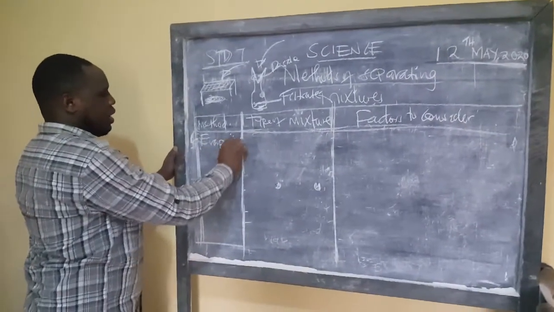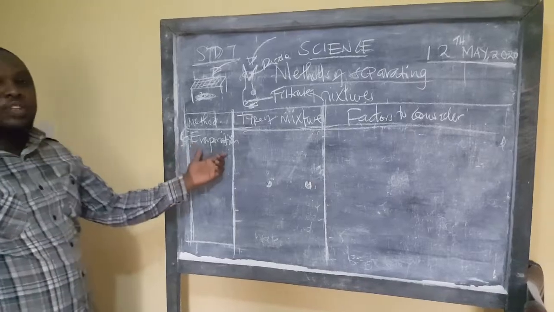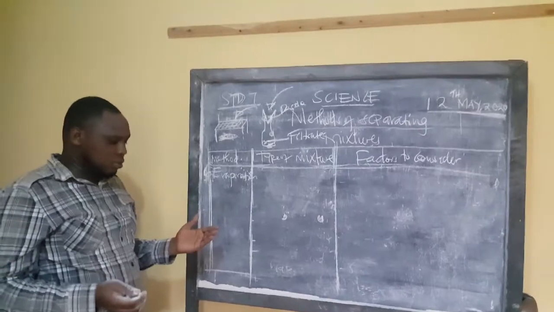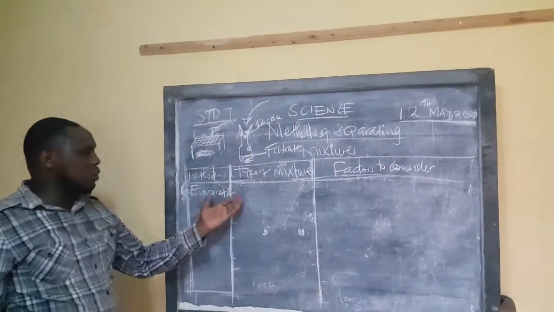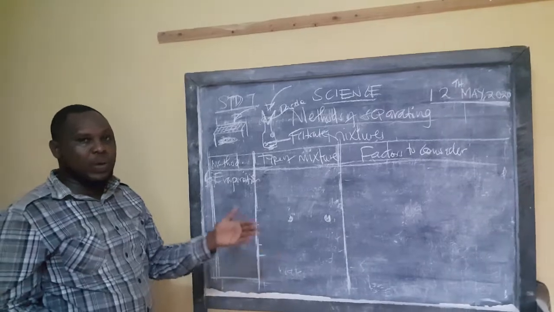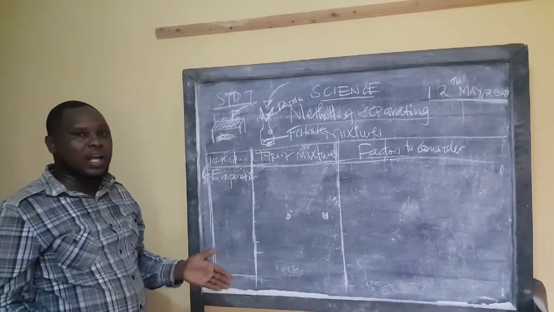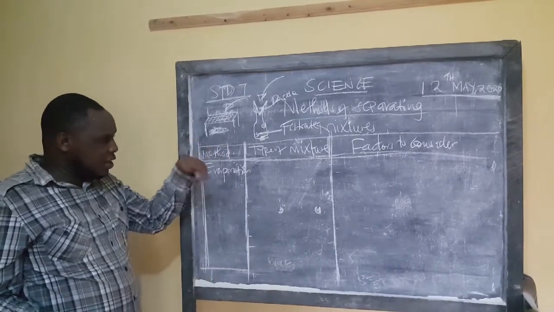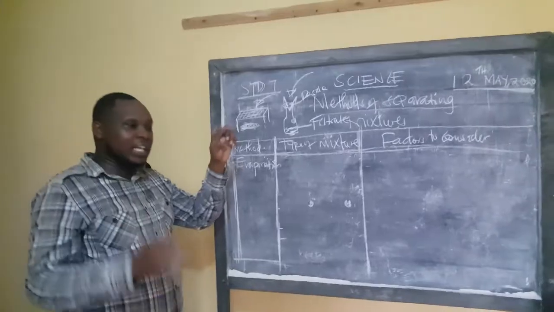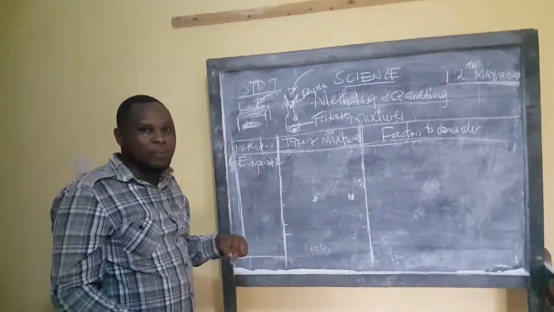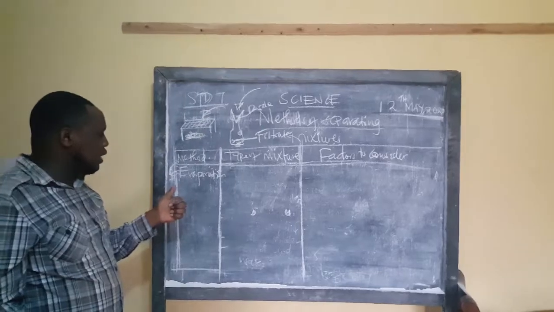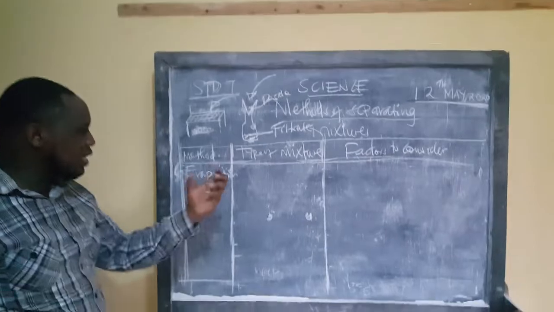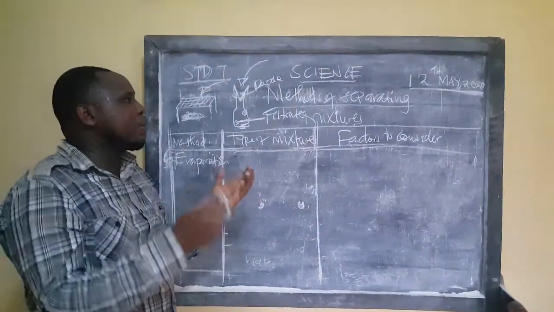Evaporation. I know you are wondering how we can use evaporation to separate mixtures. Take for example, when we looked at the solids that dissolve in water, we mixed some salt and water, and after stirring, the salt disappeared into the water, meaning that it dissolved in the water to form a solution. So the salty water you place in what you call an evaporating dish.